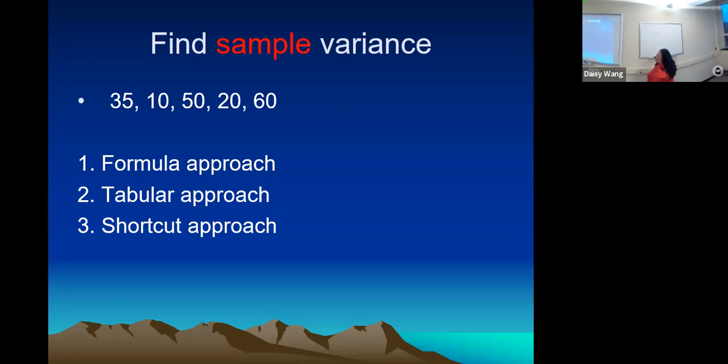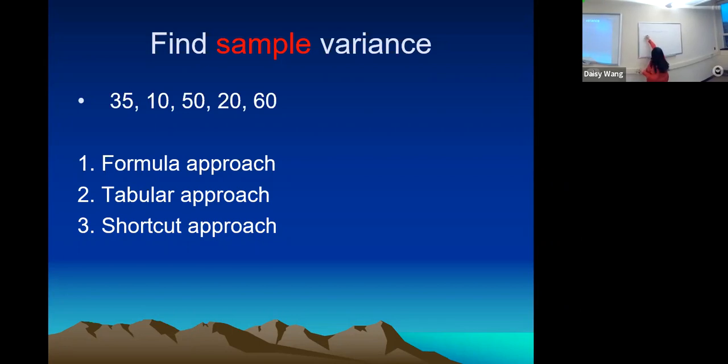That's 90, 140, 175 divided by 5. 35. Right? Okay. So the variance.